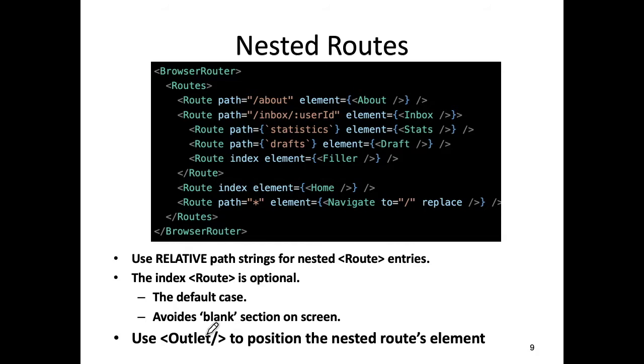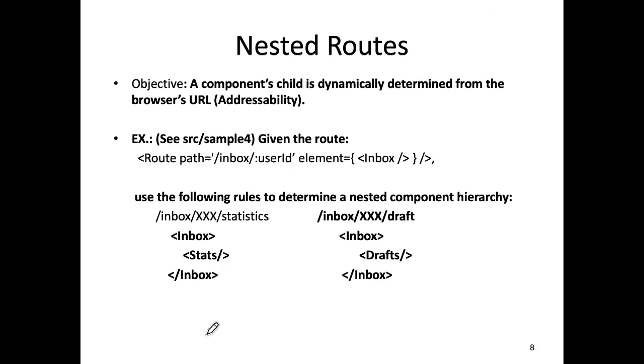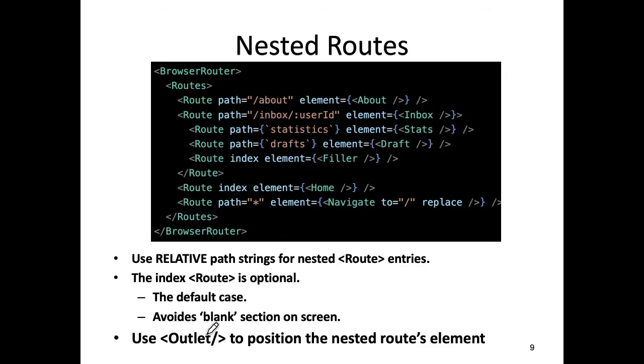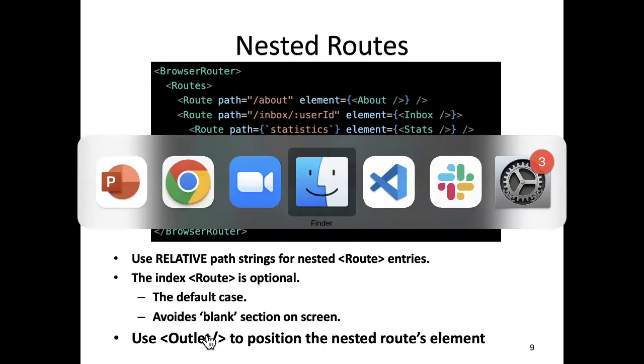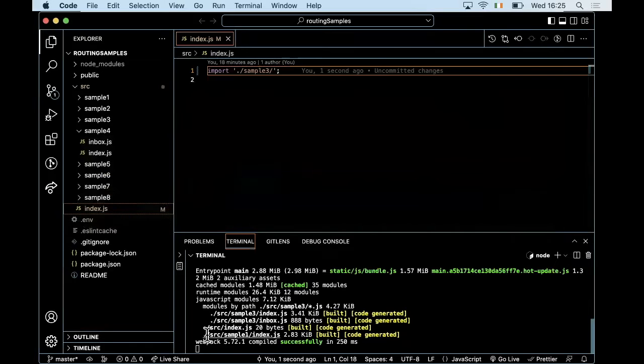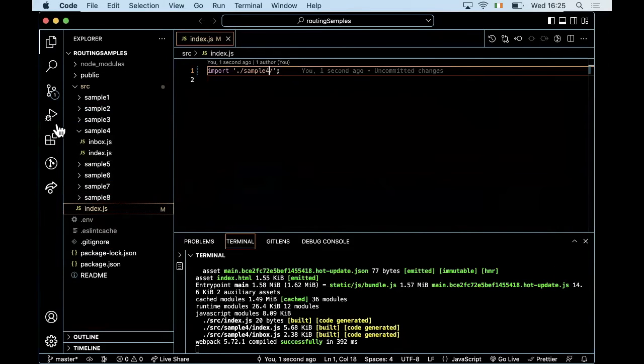This is sample 4, I think, if I go back. Sample 4, yeah. So if we look at sample 4, now you know the drill from the last day. I want to change the top level index.js to the sample number. So I'll change it to sample 4. I've already started my development server.